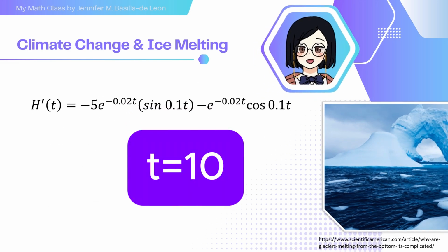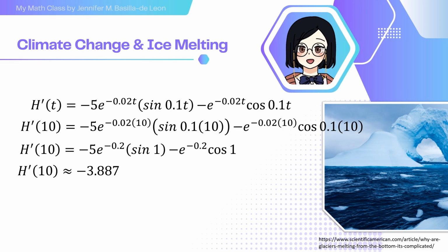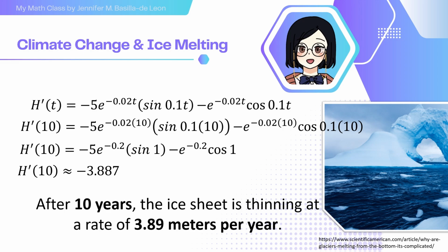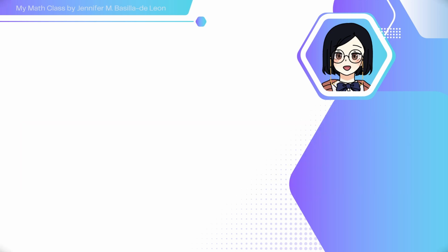Substituting t = 10 and simplifying, we find that the ice is melting at a rate of 3.89 meters per year. These calculations help scientists predict rising sea levels and the effects of global warming.